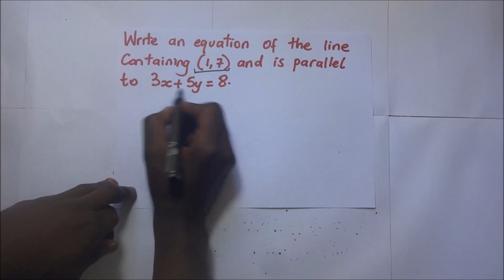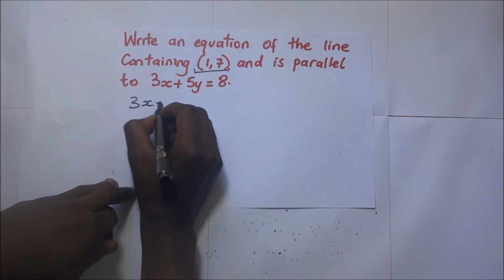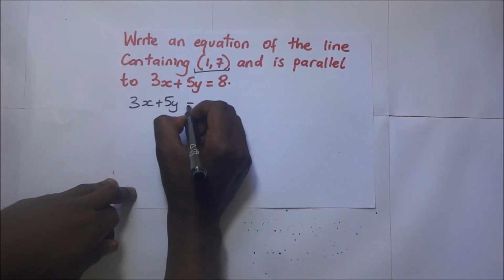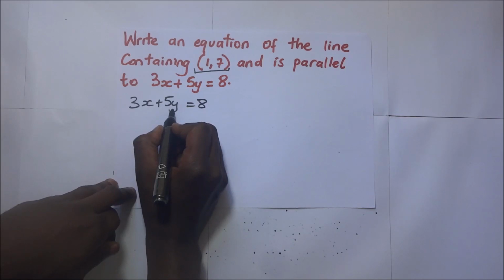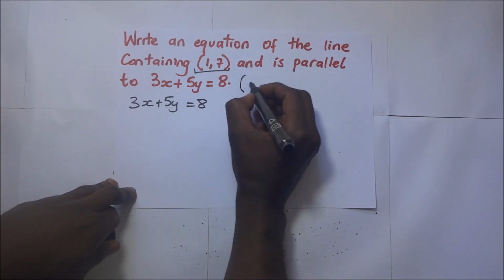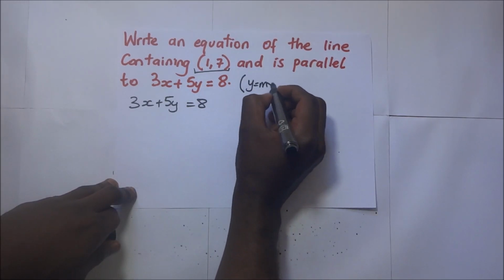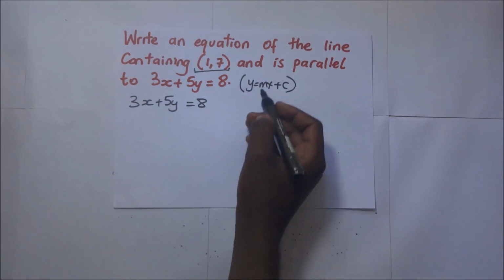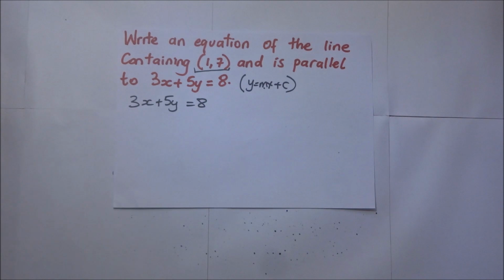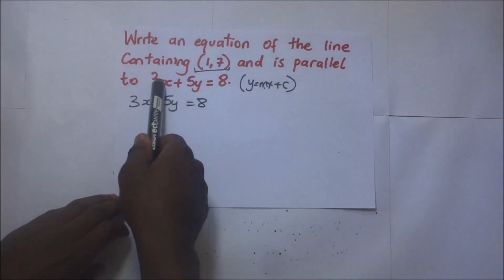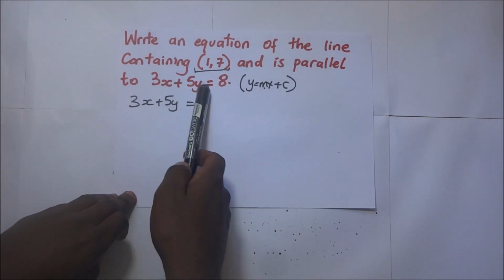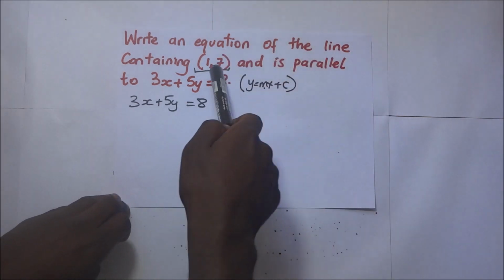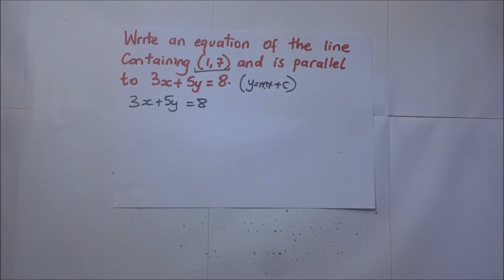So let's rearrange this equation. This equation is 3x + 5y = 8. We are going to make y the subject of the formula so that we put it in the form y = mx + c. The reason is that we are able to find the value of m, so that we know the gradient of that line. Because when we know the gradient of this line, then we can tell the gradient of the other line whose equation we are looking for.